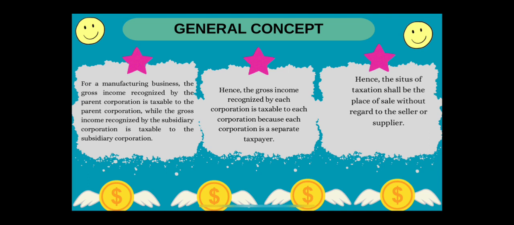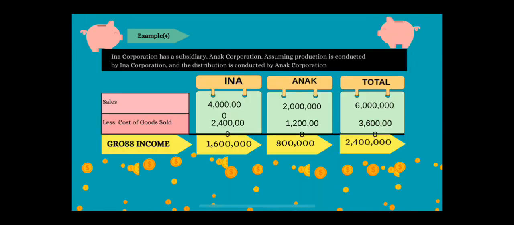Hence, the gross income recognized by each corporation is taxable to each corporation because each corporation is a separate taxpayer. Hence, the status of taxation shall be the place of sale without regard to the seller or supplier.